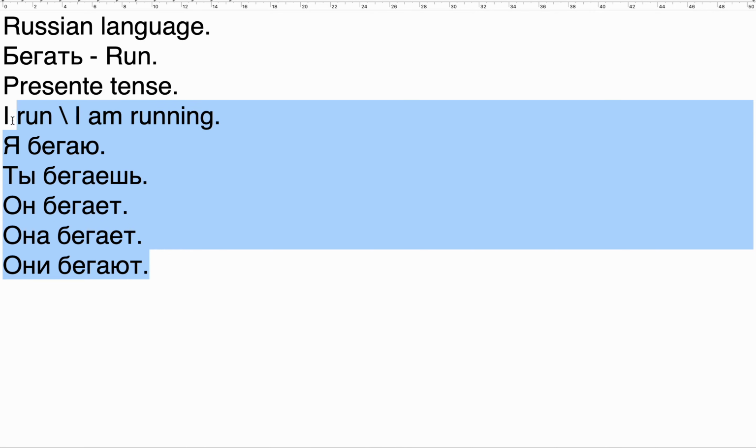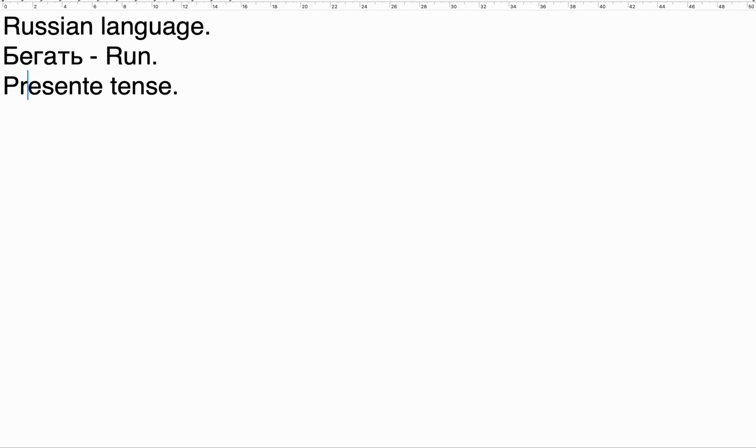And next we will talk about the future tense. How native Russian speakers use this verb бегать in the future tense. You should know that we can use this verb in the future tense in two ways, two versions.